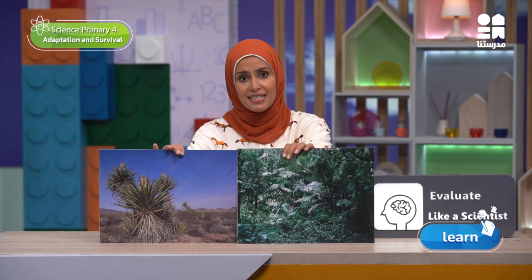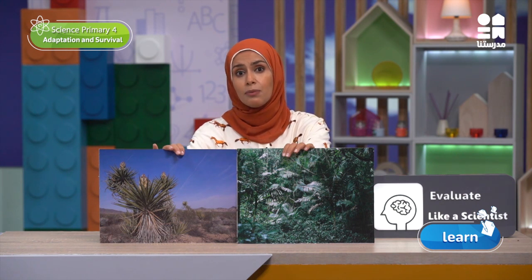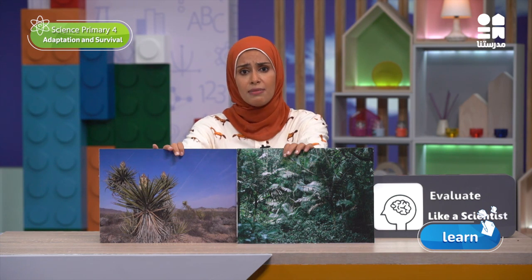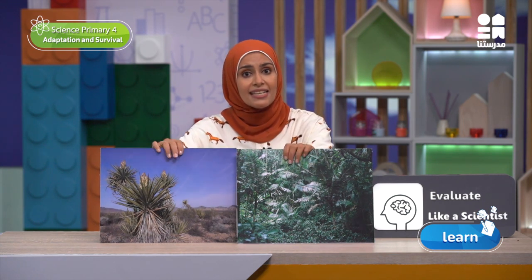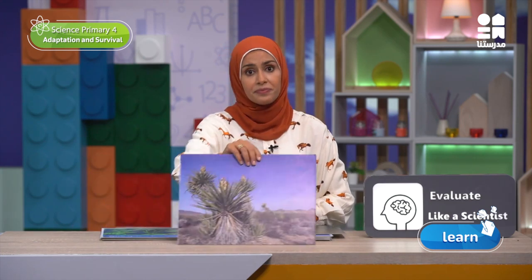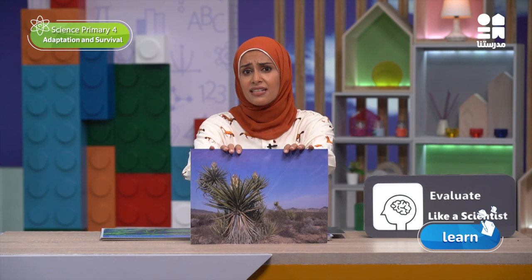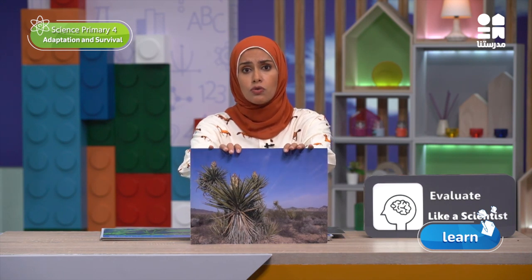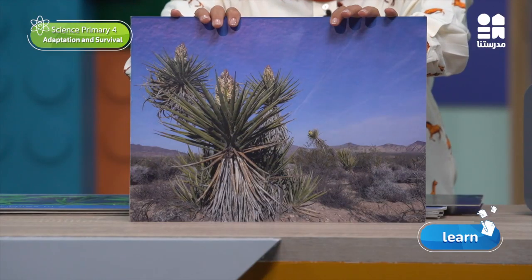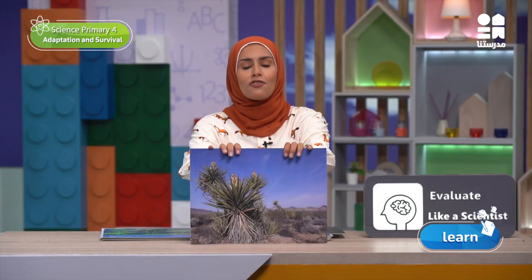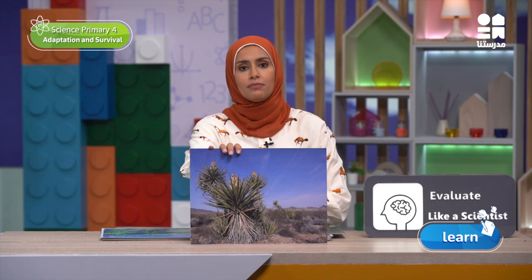Let's go step by step. Look closely at the two images. You have to think about the parts of each plant and the shape of their environment. In the image to the right, we can see exactly a desert. Do we know about plants living in it? Long roots to absorb most of the water from the depth of the earth, and spines to protect themselves from any animal trying to eat them.